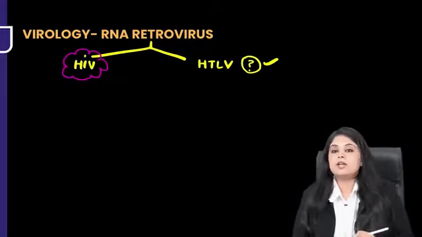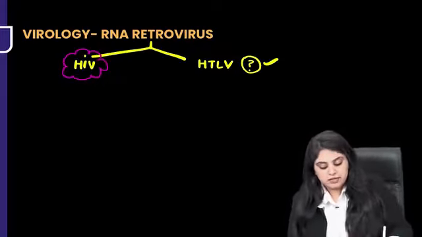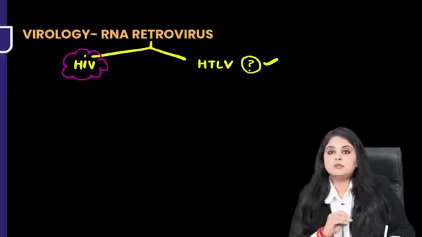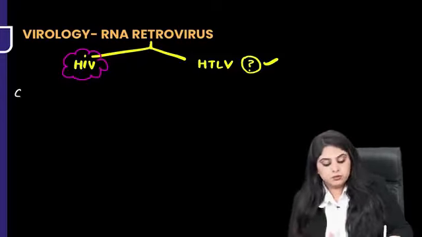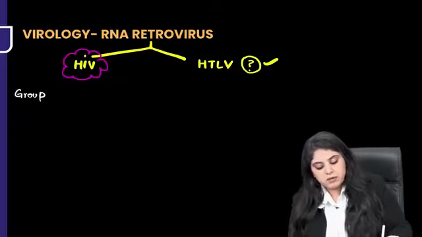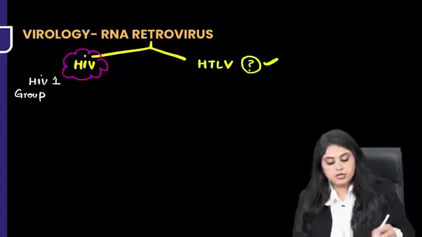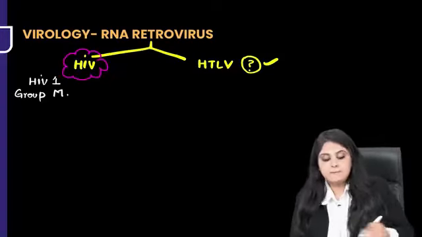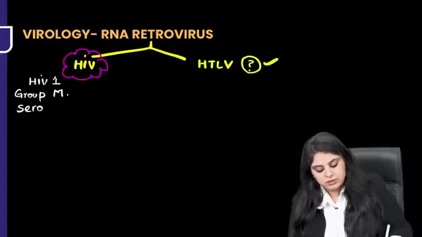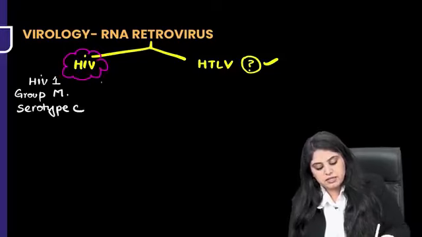Now, when I talk about HIV, please note, if I ask you what is most common in India, and what is most common abroad, so please note, when we are talking about HIV, it is HIV-1 that is going to be very, very important. It is going to be group M, and it is going to be the serotype C, which is very, very common in India.